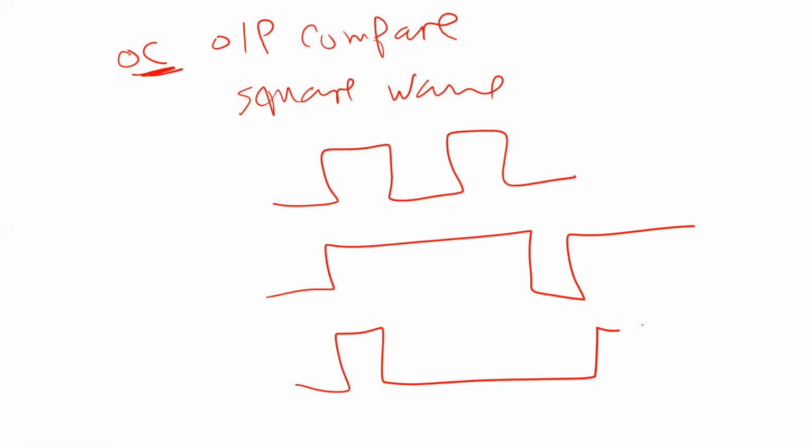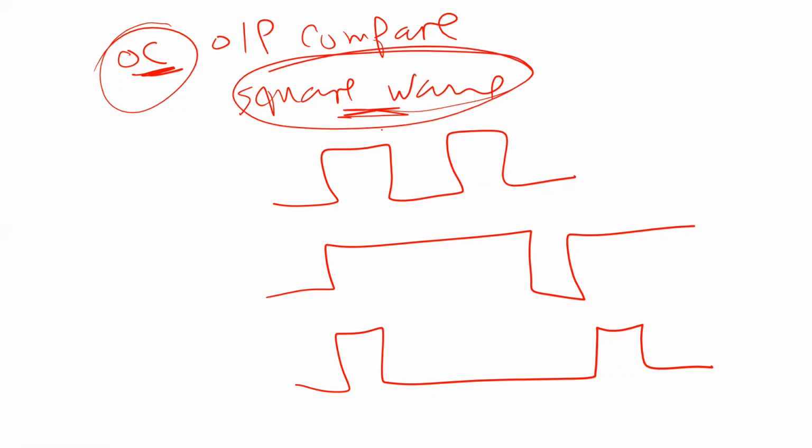If you want to generate a square wave this way, you can use output compare for that. In many applications we need to generate square waves, right?